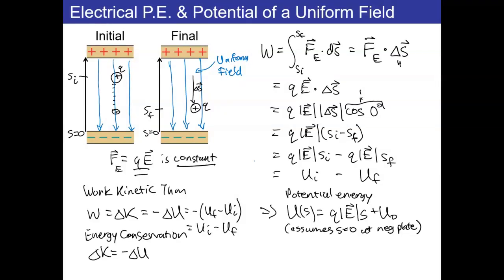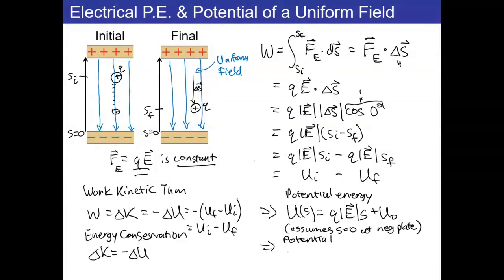Okay, so that's our potential energy that we've gained or lost in this system as we move the charge. We can also then go ahead and define the potential function here for a uniform field.